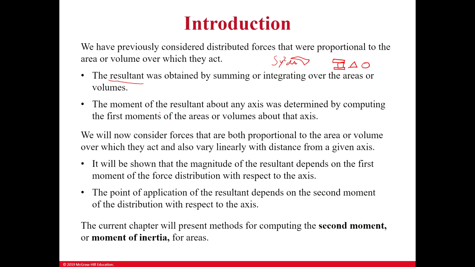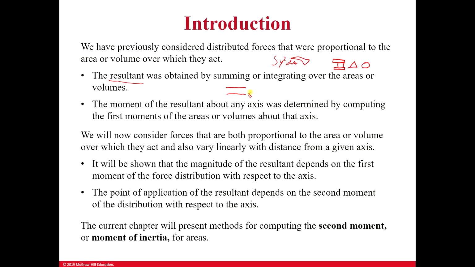Now that is important because the moment of the resultant about an axis, by now we know, was determined by computing the first moment of areas or volumes about the axis. We're going to see that there's a method to compute the moment with respect to an arbitrary axis.